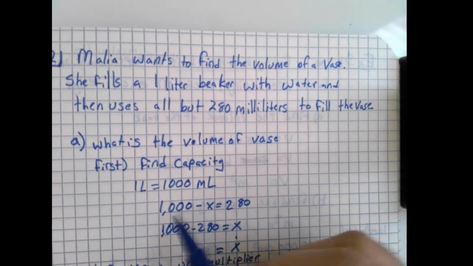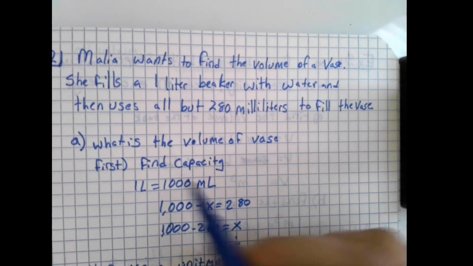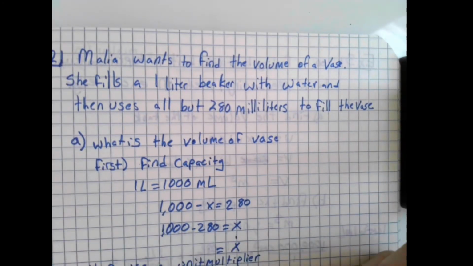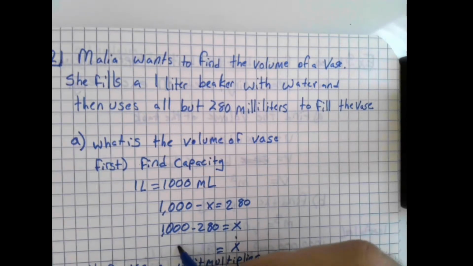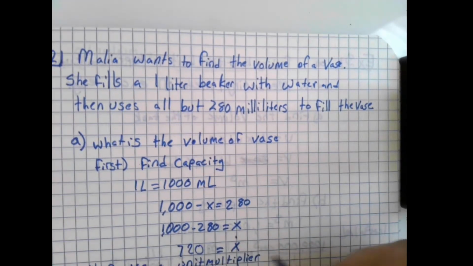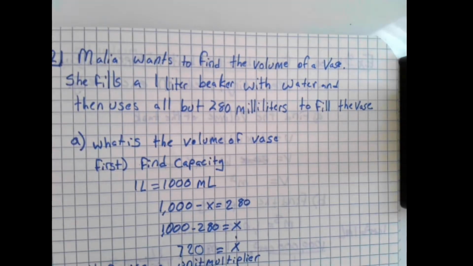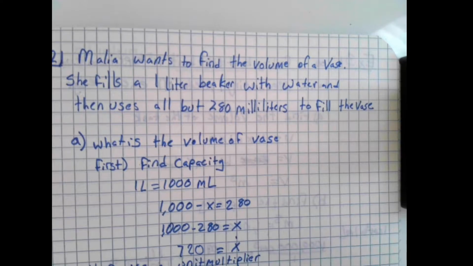That means that we can subtract 280 from 1,000 because 1,000 milliliters is 1 liter, and we'll get 720. For x, this is 720 milliliters. Since 1 cubic centimeter equals 1 milliliter, we can say that 720 milliliters times 1 cubic centimeter over 1 milliliter, cancel out the milliliters, and we'll have 720 cubic centimeters.